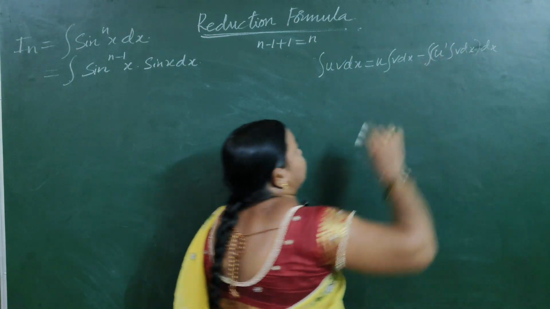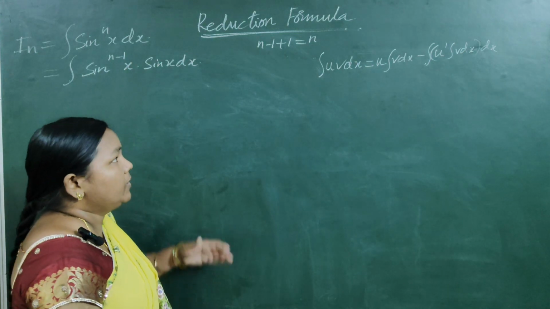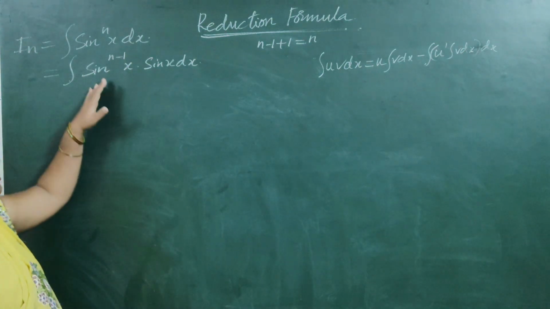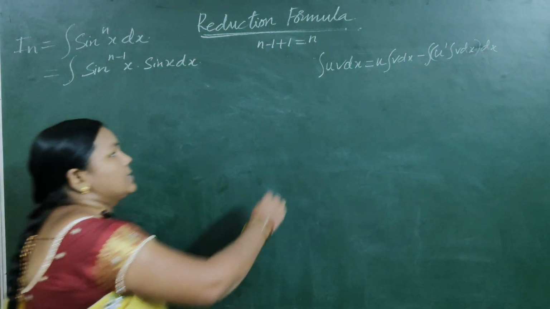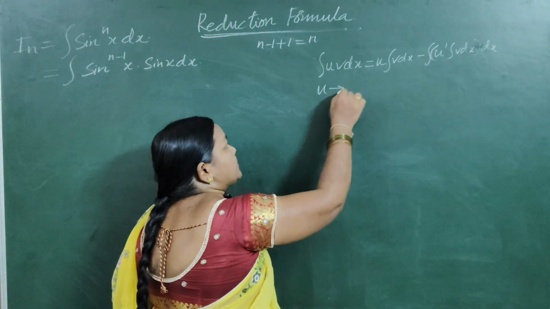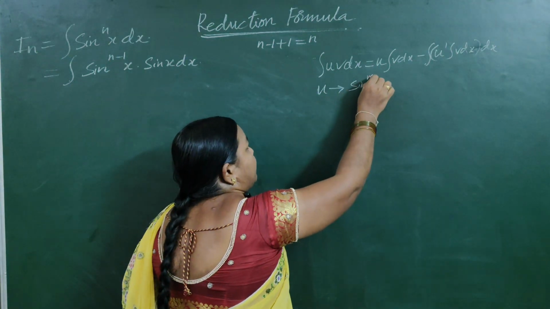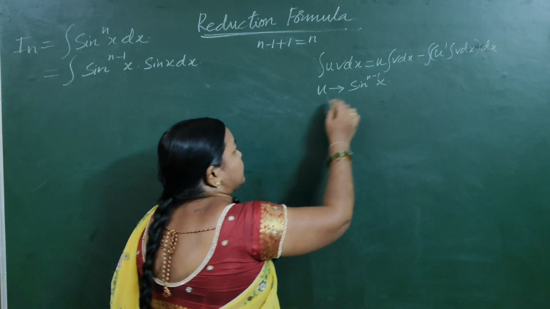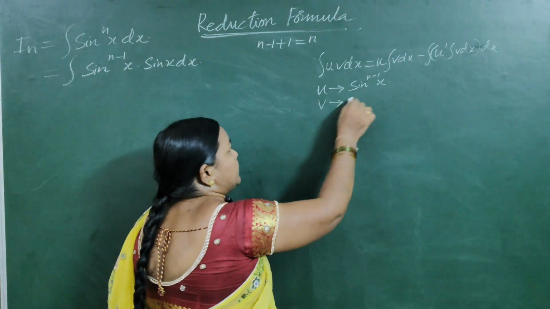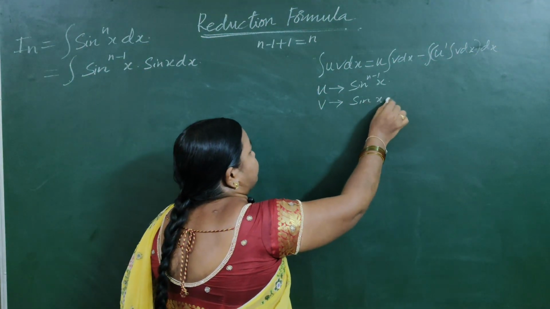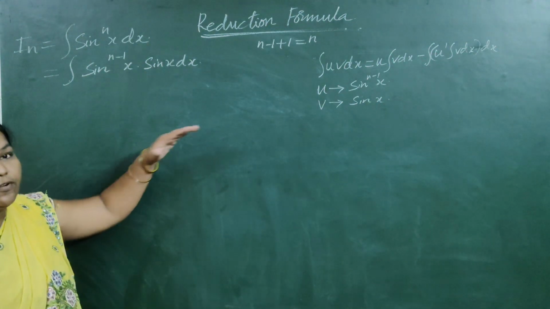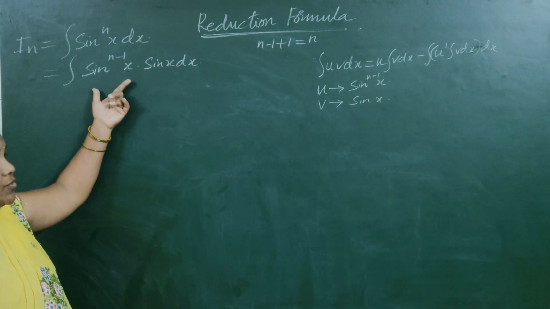This is the formula for u into v. Here, the value of u is sine to the power of n minus 1 into x, and v is sine x. By using that formula, we can solve the given question.